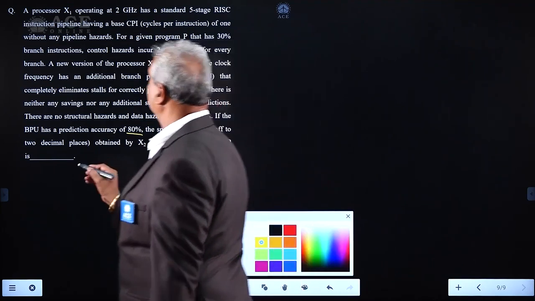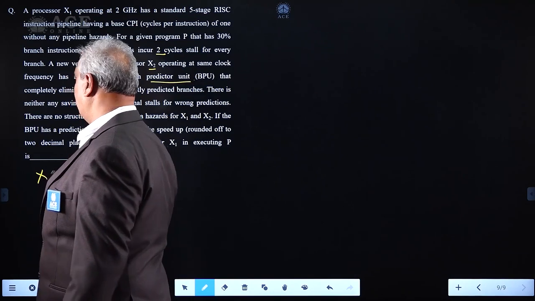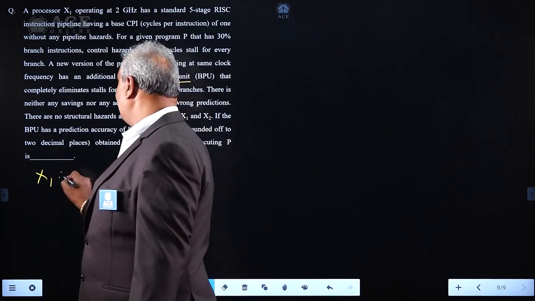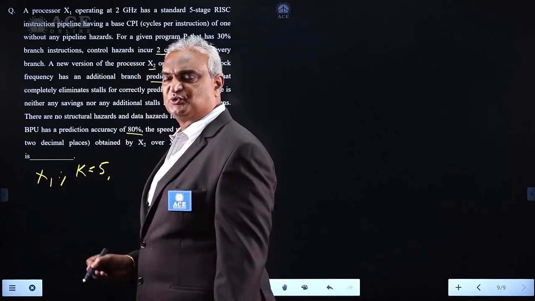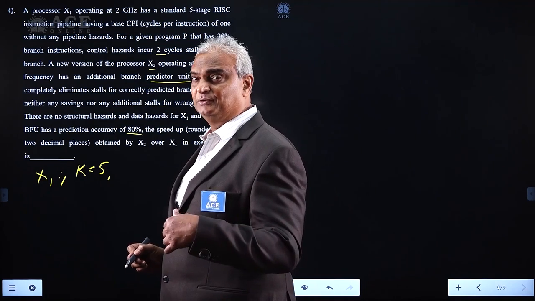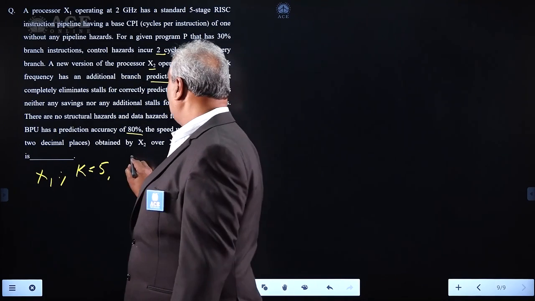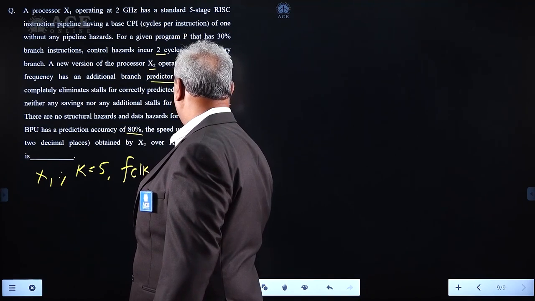Observe this. Here X1, it is the first CPU, pipeline CPU. What is K here? K means number of stages, 5. For solving this question, the number of stages is not needed to be considered. Next, what about clock frequency? Given is nothing but 2 GHz.